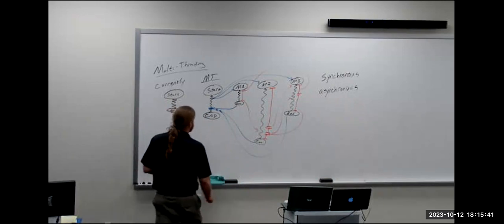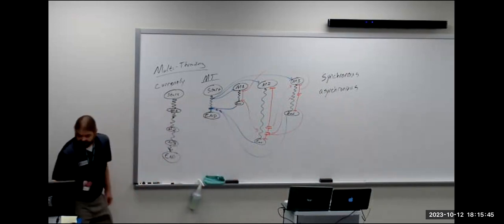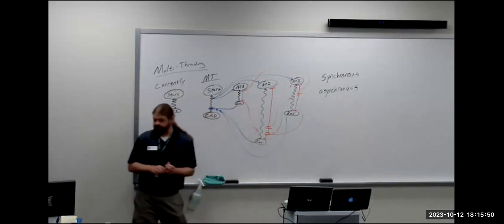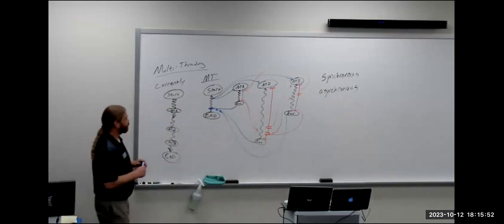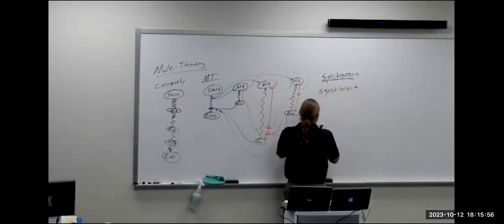So for asynchronous, I guess the picture, I'll put it in green. Synchronous would be the blue one. And asynchronous, I'll draw an arrow in green.